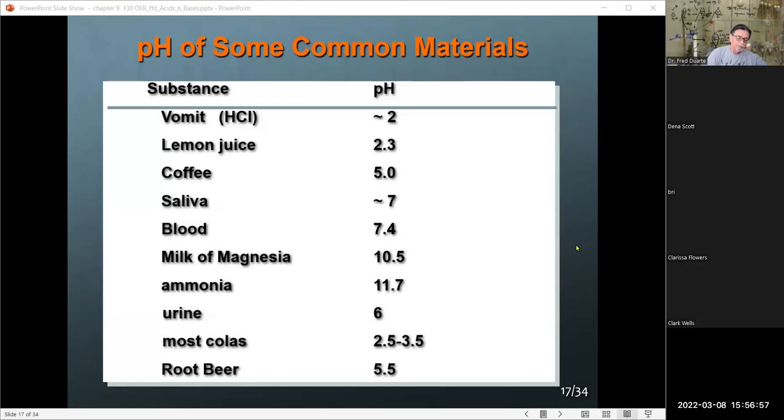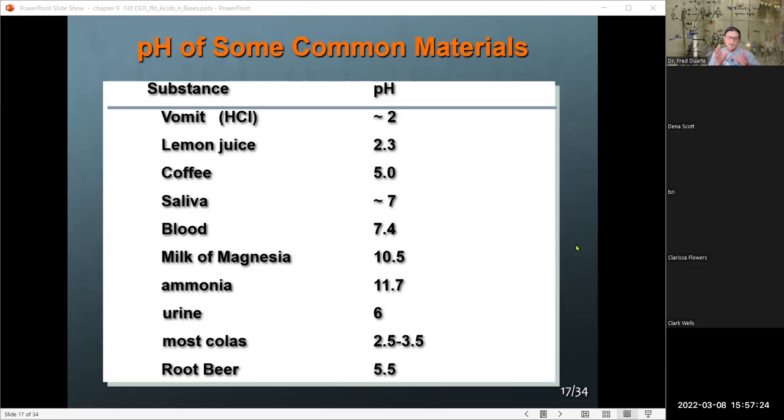Well, some examples of pH are given here. Obviously, vomit, approximately 2, because again, you're coming up from an acidic environment. And that's why it burns in your throat and down your esophagus, because you don't have the same tissues that your stomach is lined with to protect itself. So it burns. Lemon juice around 2.3.